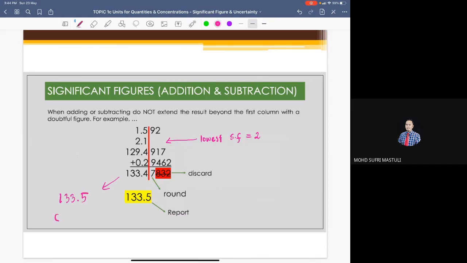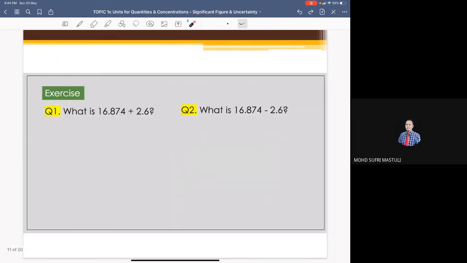So total four significant figures. We report in this way. Because this digit is more than 5, we round up, and it becomes 5.